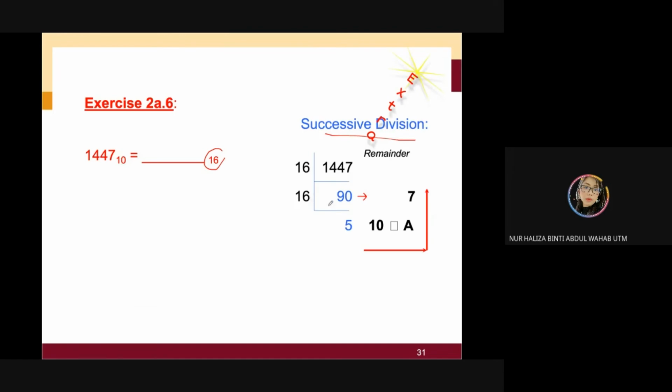And you will get the answer like this. Over here you have a remainder of 10. This one you have a remainder of 7. And you will get 5A7, because instead of 10, 10 will be represented as A. So please try to play around with this.